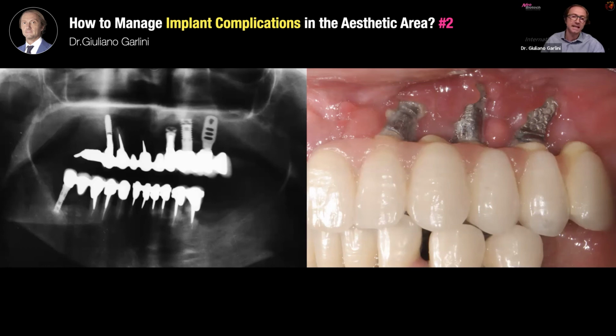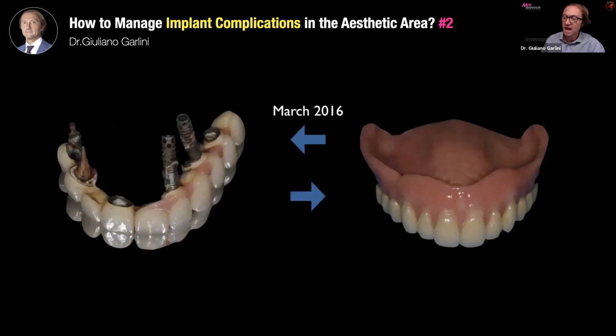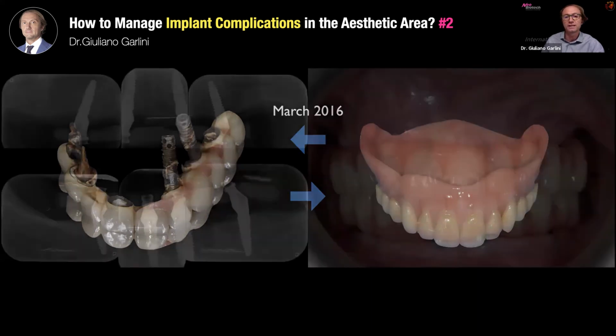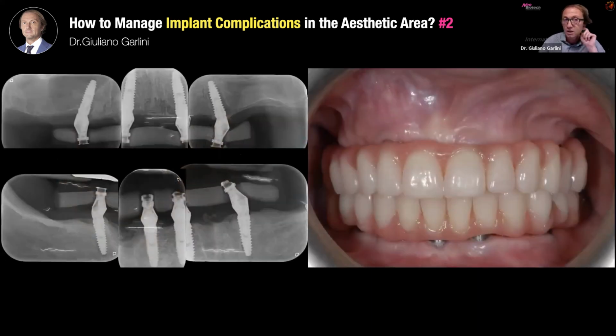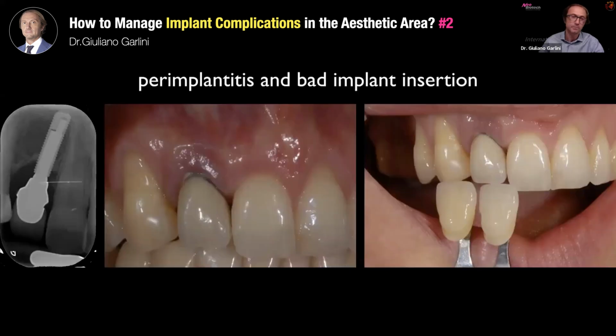So in a case like this, once again, we have to remove all the implants and perform maybe a removable prosthesis before the insertion, once again, of 4 ES2 NeoBiotech implants in the upper jaw and 4 implants in the lower jaw, and to create 2 fixed screwed-in prostheses over the implants.